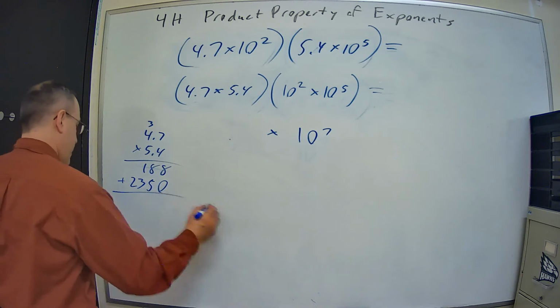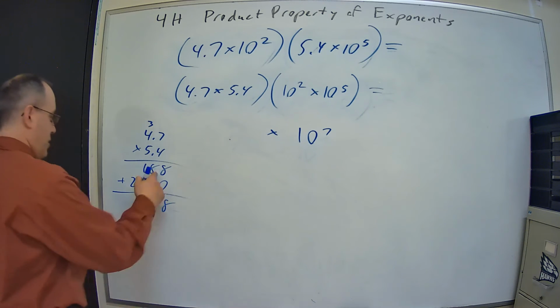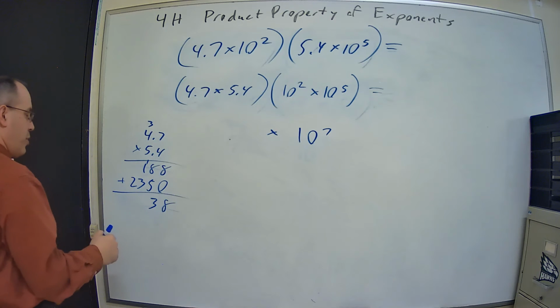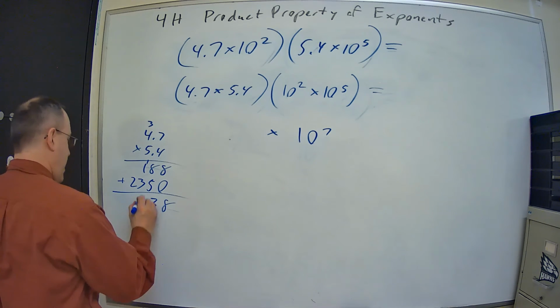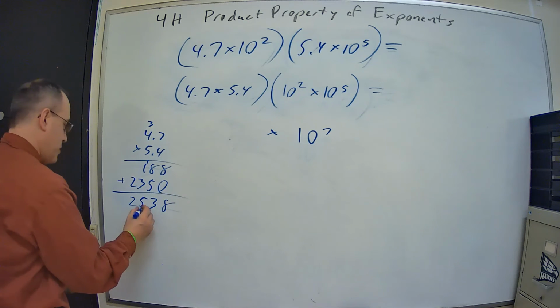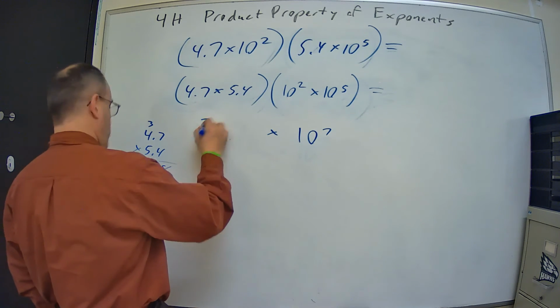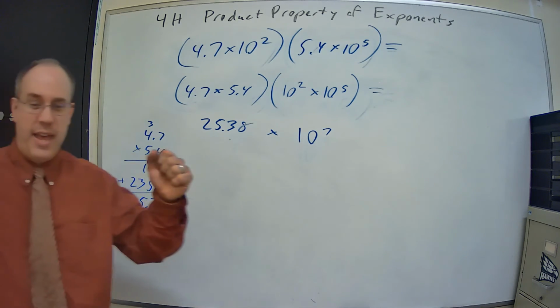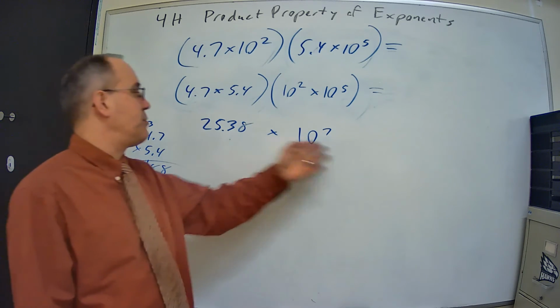Right? Add together, we get 8. 8 plus 5 is 13. Carry the 1. 1 plus 1 is 2. Plus 3 is 5. 2. And then we had 2 decimal places, so 2 decimal places. So we get 25.38. Woohoo! Okay? We got 25.38 times 10 to the 7.